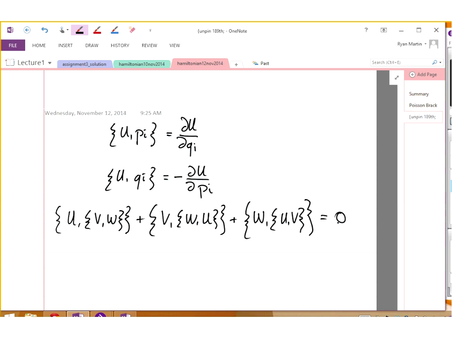These are called cyclic permutations. So it goes U, V, W, and then in the second term, you shift everything to the left, and the one that was leftmost comes to the right, and you continue. This last one's called Jacobi's identity.